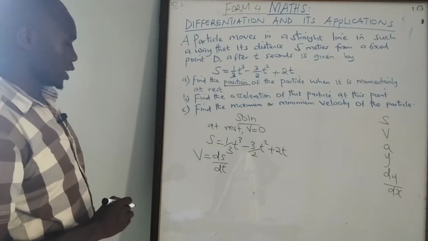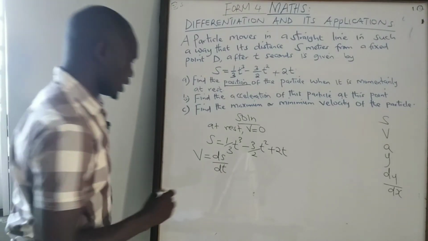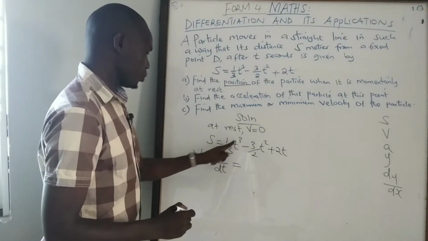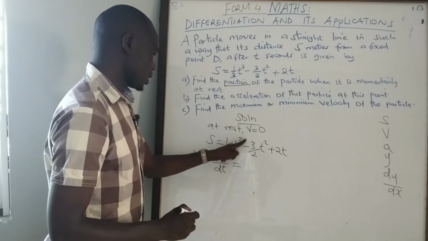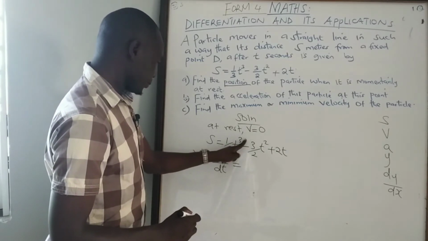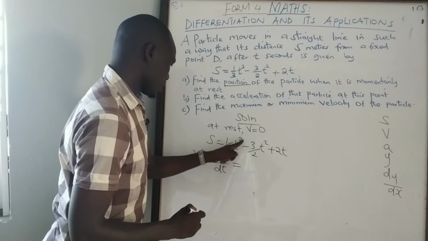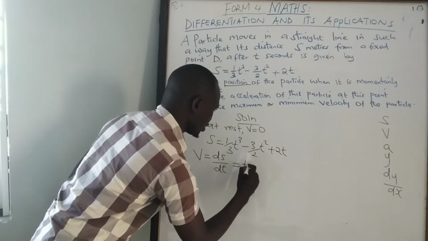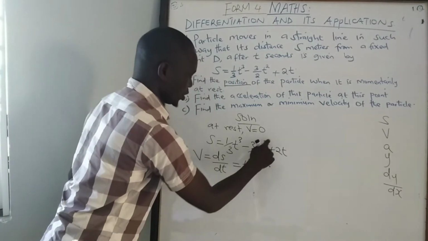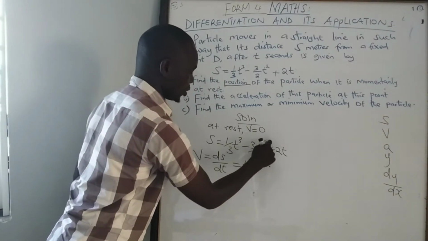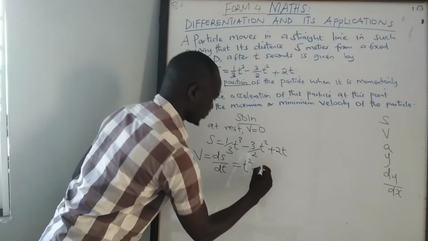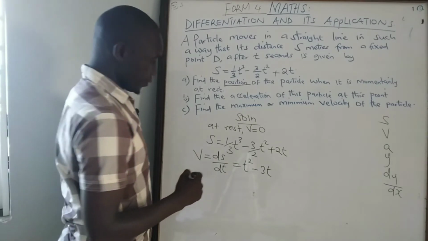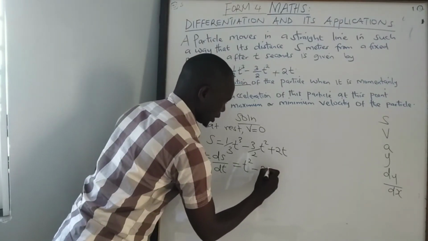That is delta s over delta t, and this one is going to be equal, if you differentiate this first part, 3 multiplies here such that a third times 3 is 1, then you go and less 1 from the power of t, we are going to have t squared, minus these 2 multiplies back here so that 2 and 2 go, so that we remain with 3t.